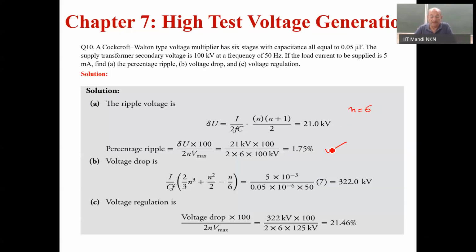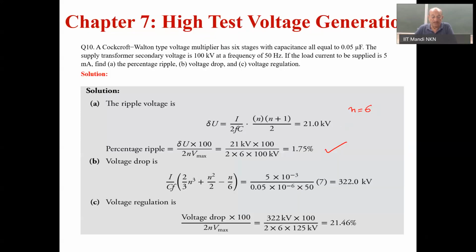1.75%. This way, delta U into 100 upon 2n Vmax, and Vmax is taken to be 100 kV. Everything is in RMS value. So 1.75 percentage of ripple, and voltage drop can be calculated for six stages.